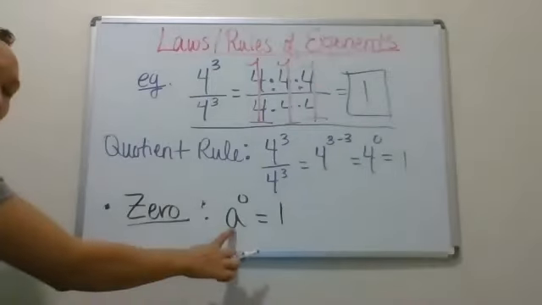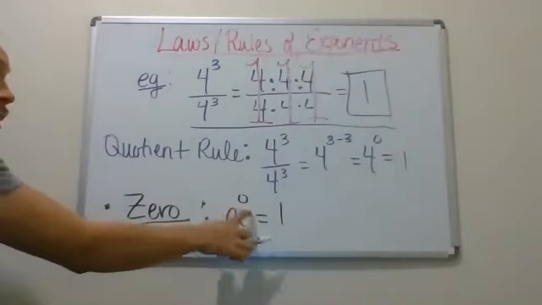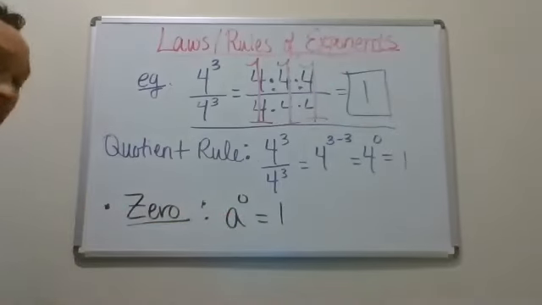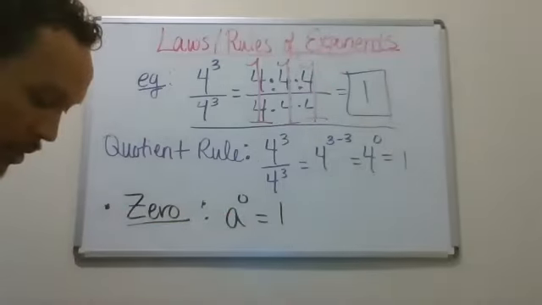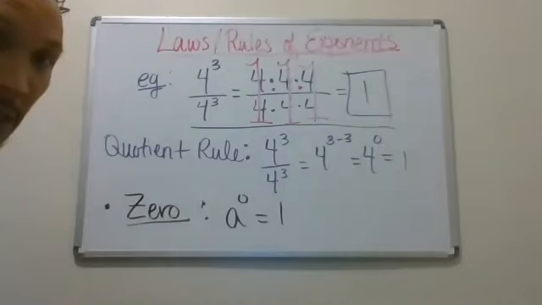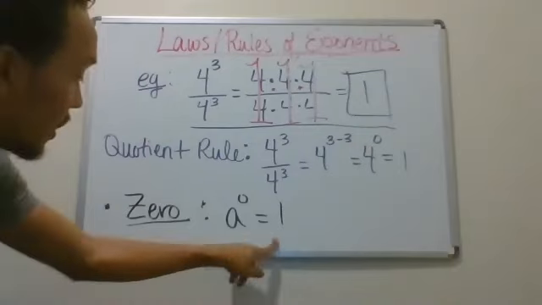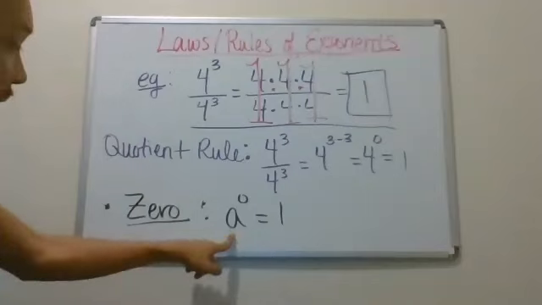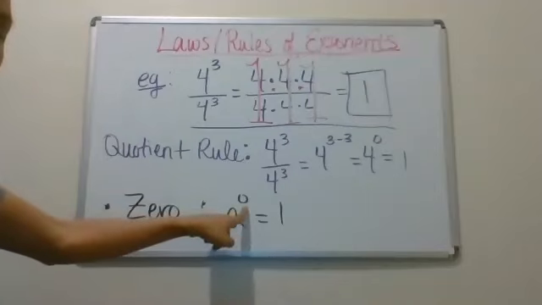Any number raised to the 0 power is always going to give you a value of positive 1. Are there any questions about this? Any questions?